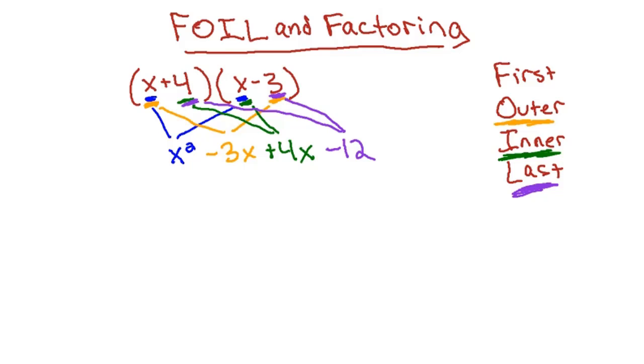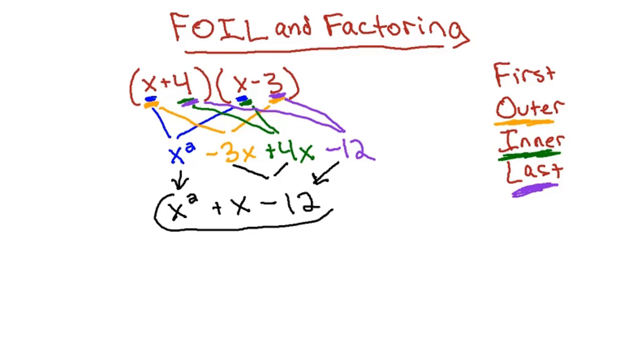And so if you just rewrite this, you're going to have x squared, negative 3x plus 4x is positive 1x, minus 12, because you're going to bring this down and you bring this down.